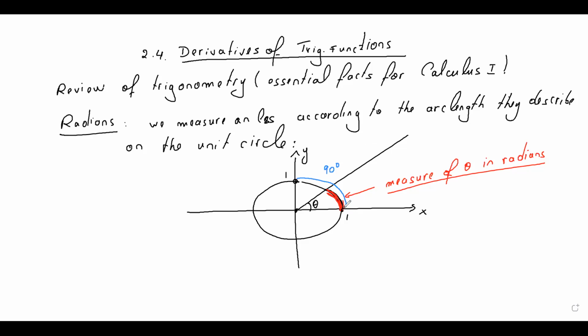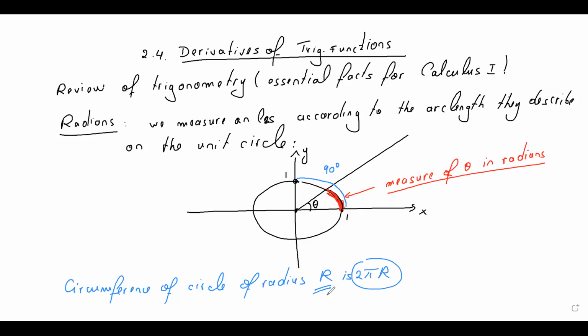The measure in radians will be, well, by looking at it this way. We know that the circumference of a circle of radius r is 2 pi r, right? So this is the circumference of a circle of radius r. So when the radius is 1, the circumference is 2 pi.